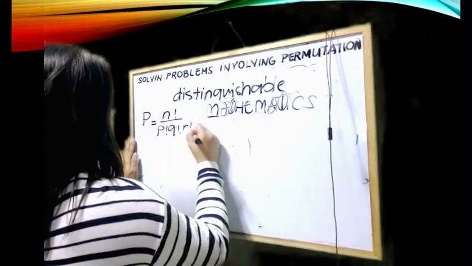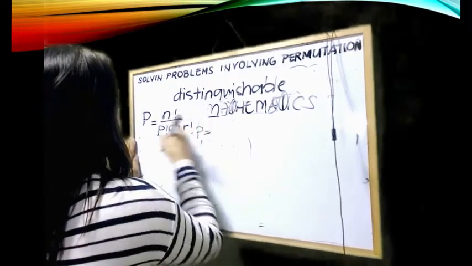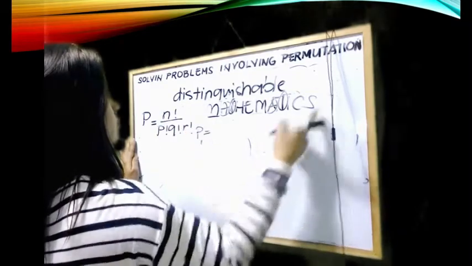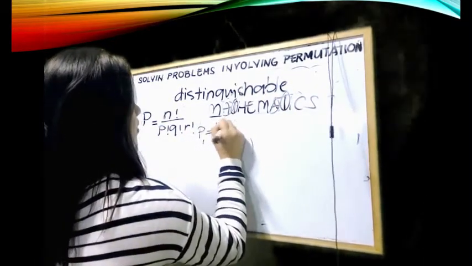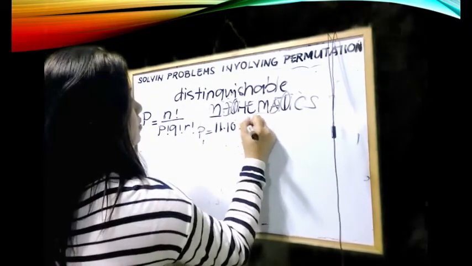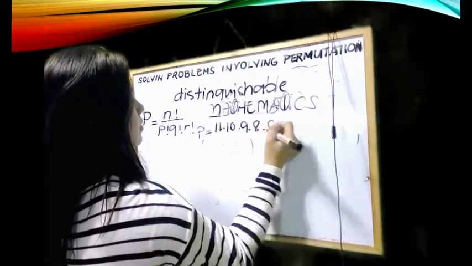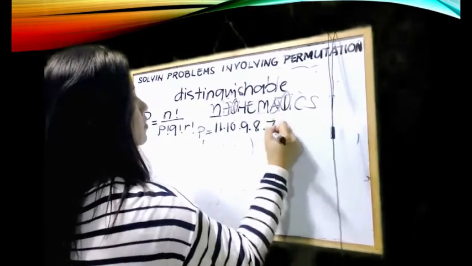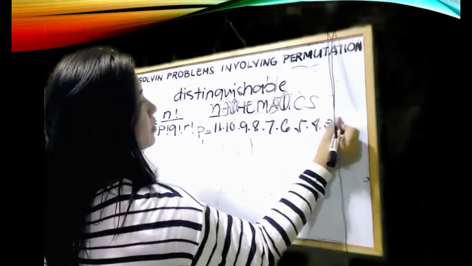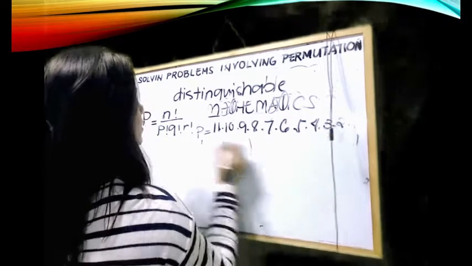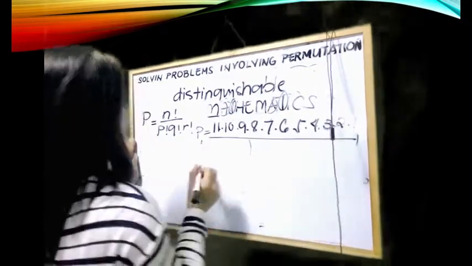Your N factorial, you already know, is composed of 11 letters. So you will have 11 times 10 times 9 times 8 times 7 times 6 times 5 times 4 times 3 times 2 times 1. That's the 11 factorial when expanded.